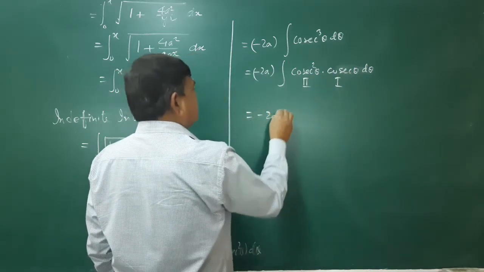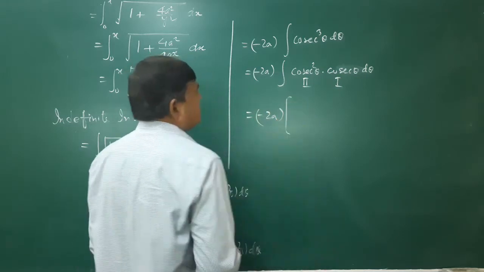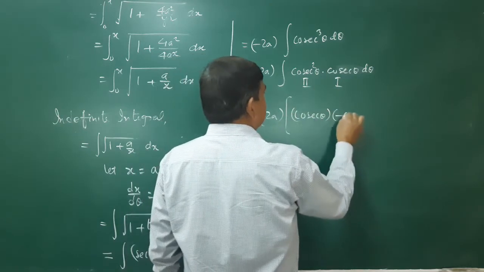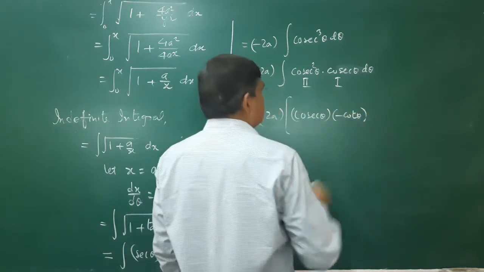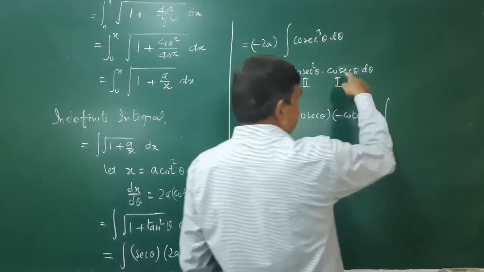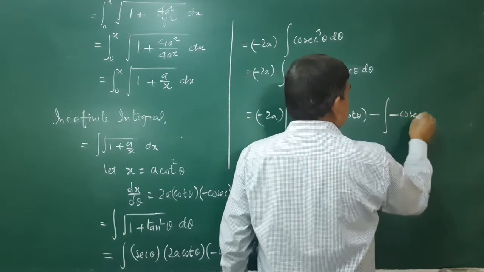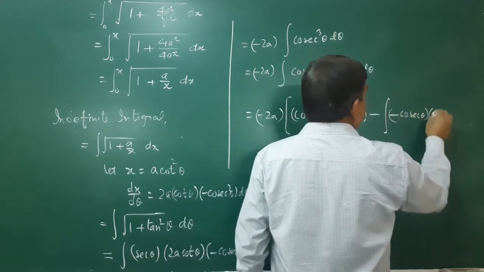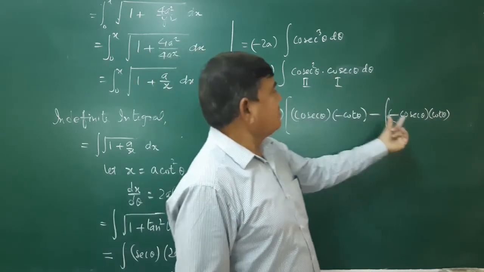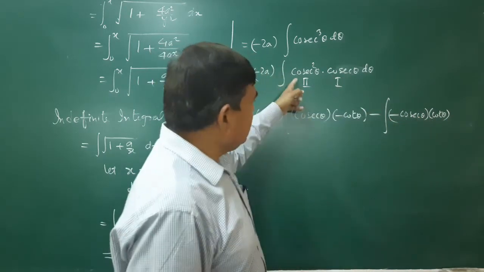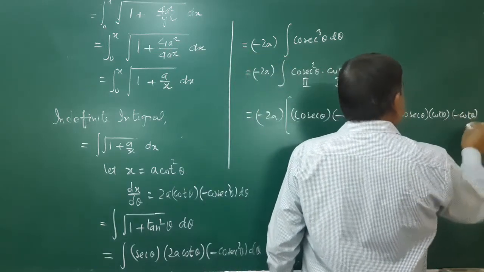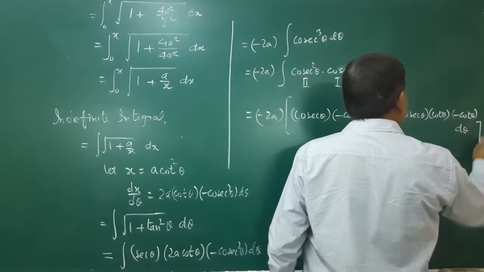Integration by parts: minus 2a, first function as it is, integration of second minus cot theta, minus integration of differentiation of the first, minus cosec theta cot theta, times integration of the second, minus cot theta, d theta. Bracket closed.